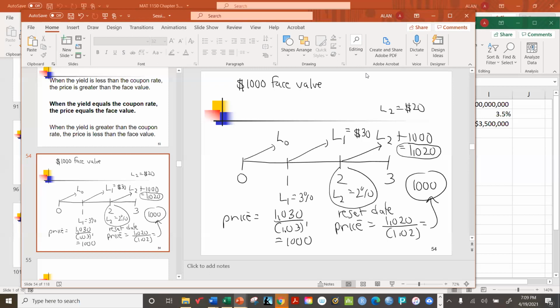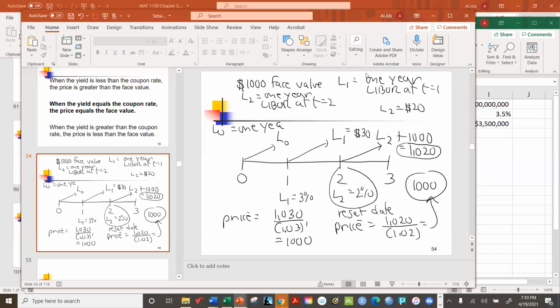In other words, L1 is 1-year LIBOR at time t equals 1. L2 is 1-year LIBOR at t equals 2. And of course, that means that L0 must be 1-year LIBOR today.